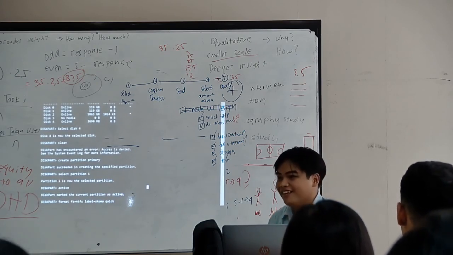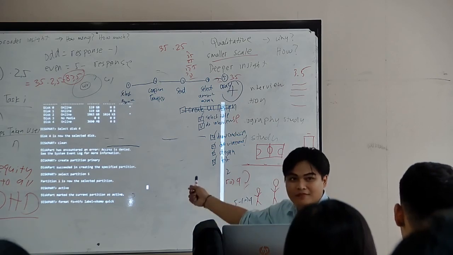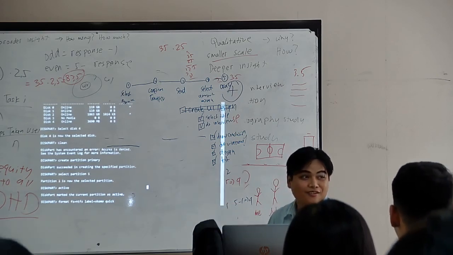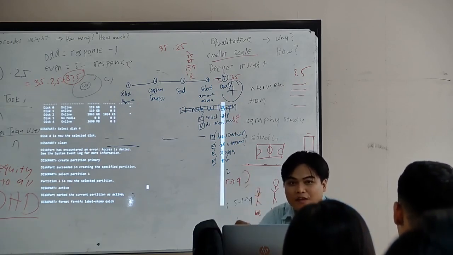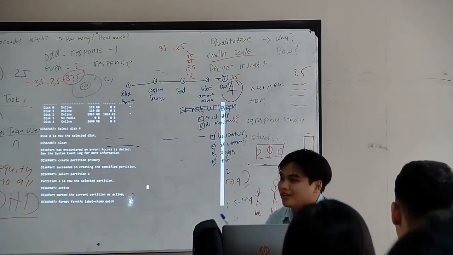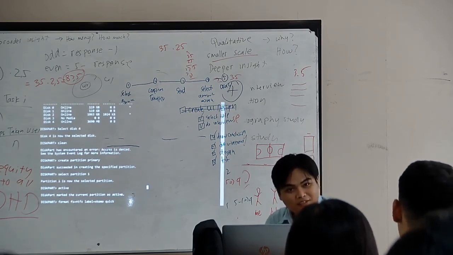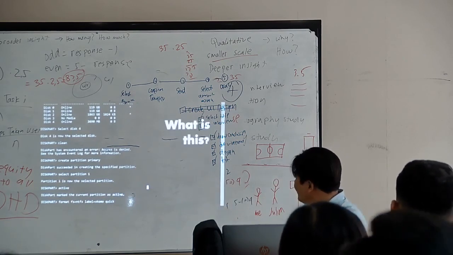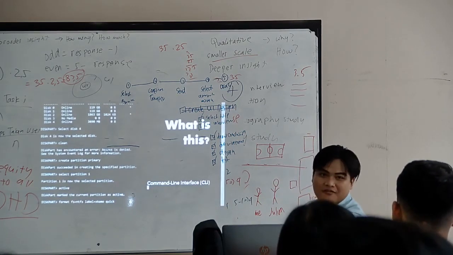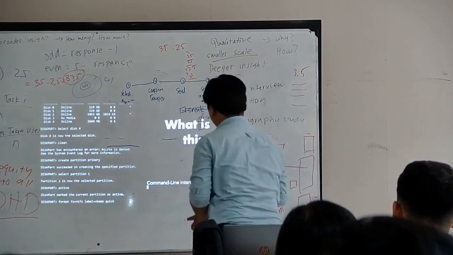Eject, right? Have you ever ejected your flash drive using CMD? No. Have you ever opened My Computer without clicking File Explorer, but using CMD? So, this is called command line interface. CLI. Okay.